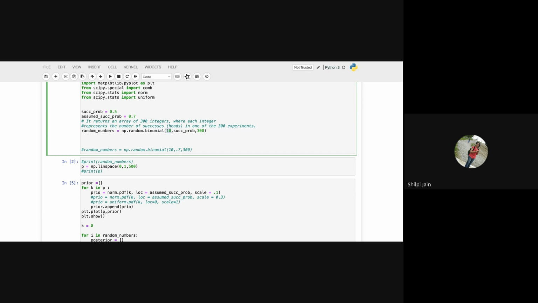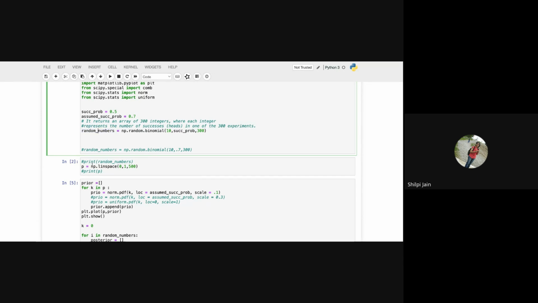It is doing 300 experiments with an unbiased coin, because the probability is 0.5, and each experiment does 10 coin tosses. So the random numbers it gives you are an array of size 300, and each element is the outcome of that experiment. Okay, this line is clear.